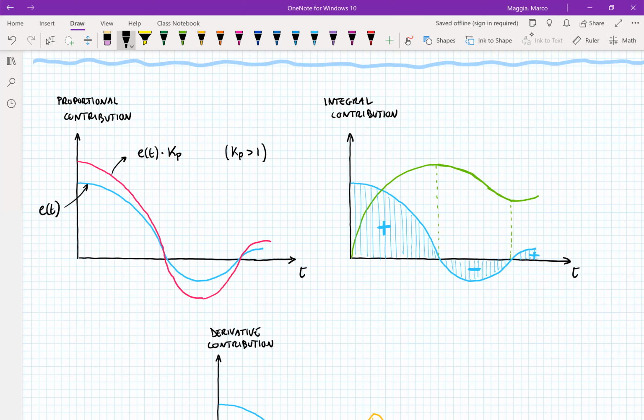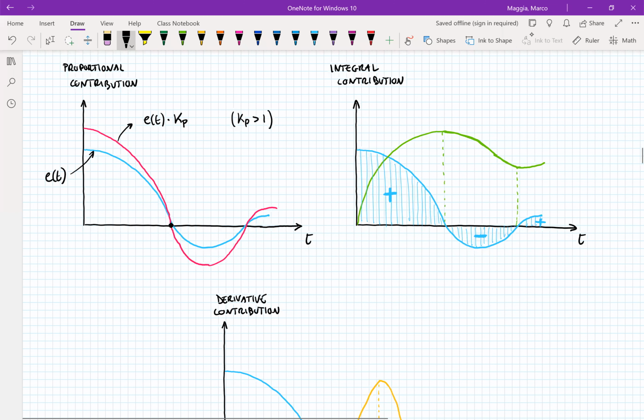But whenever the error function goes to 0, the proportional part of the control signal also goes to 0. It's quite intuitive. And when we have a maximum for the error, we also have a maximum in the control part. Same thing, when we have a minimum, we also have a minimum. This is pretty intuitive.